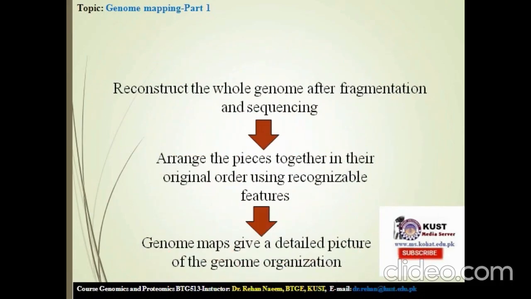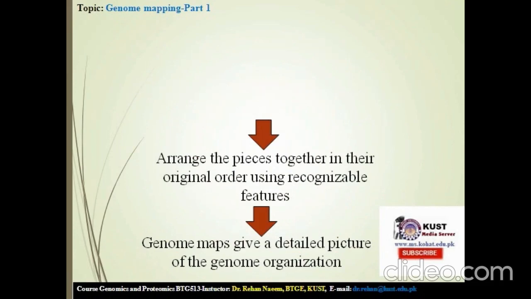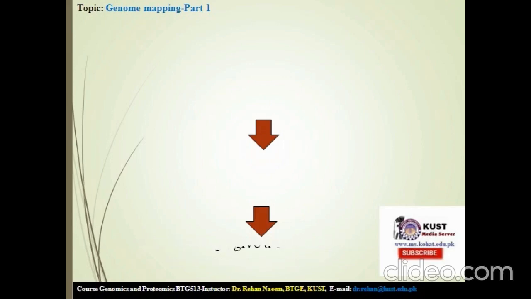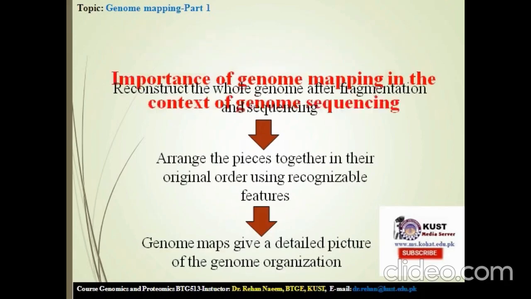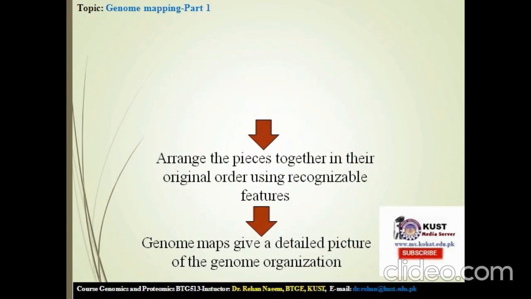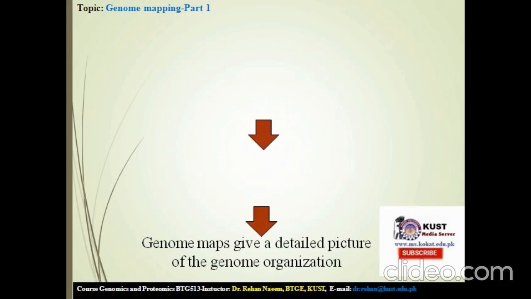To reconstruct the whole genome after fragmentation and sequencing is only possible if we know genome maps, and genome maps give us information about the recognizable features, and by using those we can arrange the fragments of the genome. It also gives us a detailed picture about the genome organization as well.